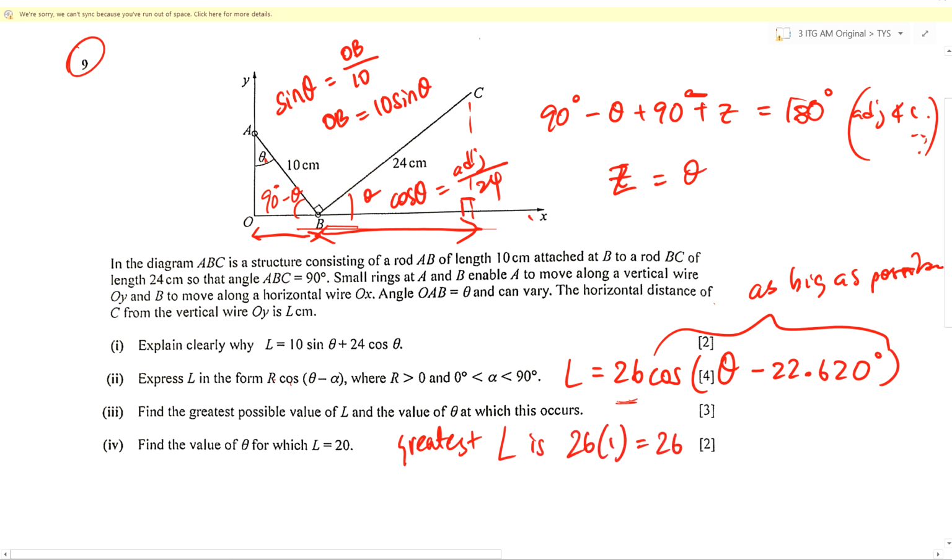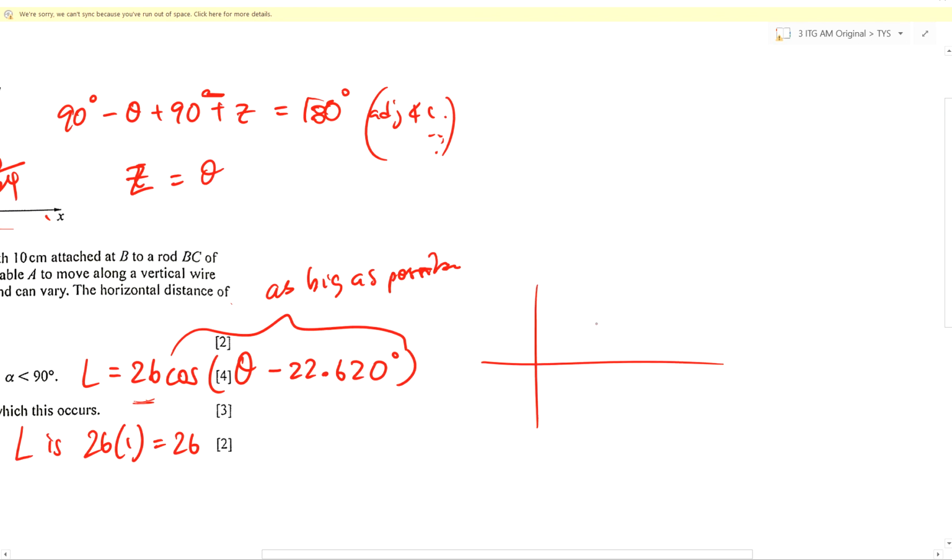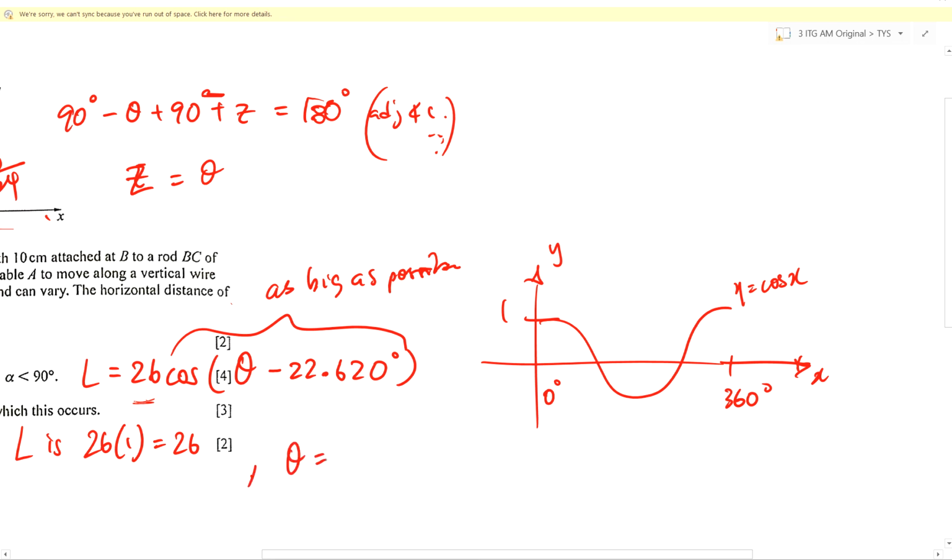And then include the units. They also want the angle when it happens. So cosine equals 1 is either at 0 degrees or 360 degrees. So we have theta minus 22.620 degrees equals 0 or 360, so theta equals 22.620 degrees or 360 plus 22.620 degrees.